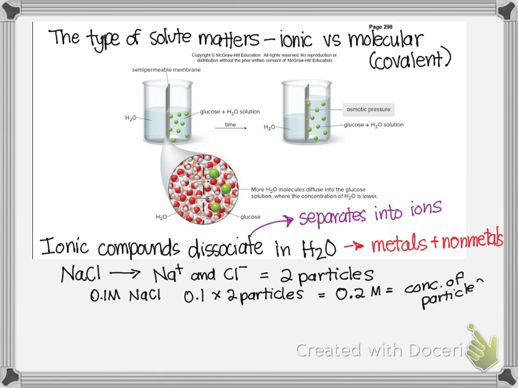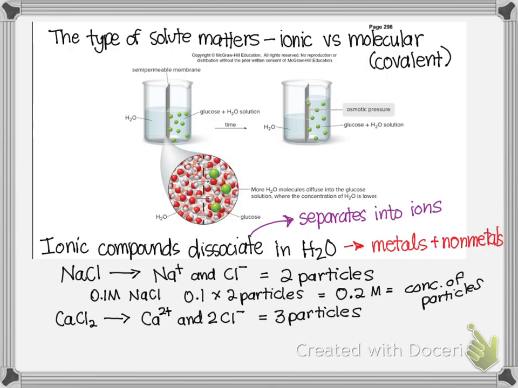Let me give you another example. So let's say it's calcium chloride. And calcium requires 2 chloride ions because calcium has a 2+, and it will then have 2 chloride ions. So that has 3 particles, because it dissociates, it falls apart.